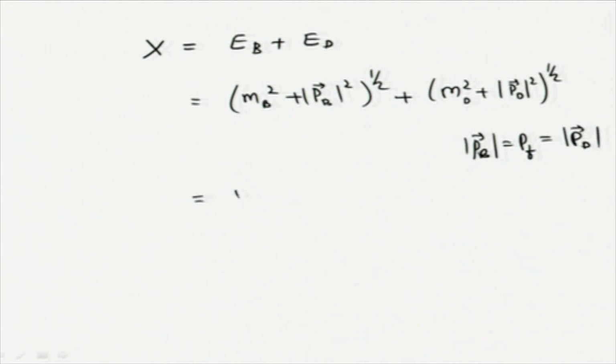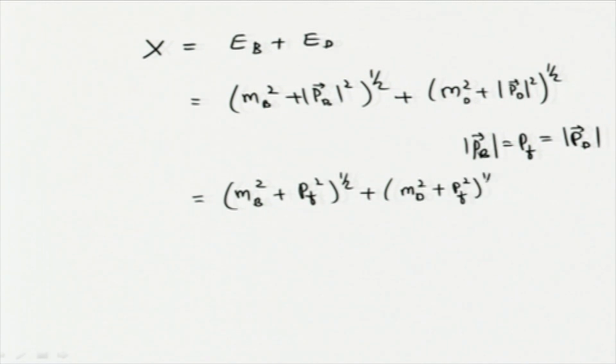So, this is equal to, let me write it as, (m_b square plus p_f square) power 1 over 2 plus (m_d square plus p_f square) power 1 over 2. Let me differentiate this with respect to p_f.